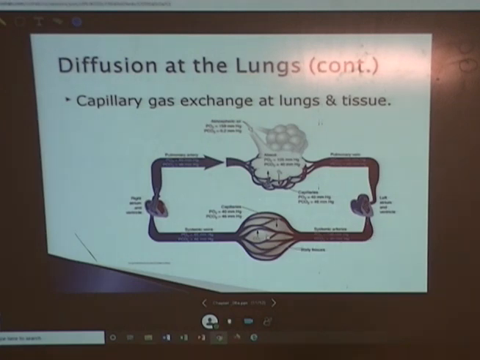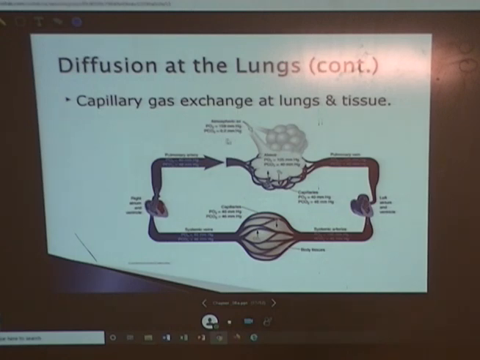It picks up carbon dioxide. Right? And then that carbon dioxide gets to the lungs, and the pressure in the capillaries is about 46, but the pressure in the lungs is 40, and so carbon dioxide is able to cross out. It's not a very steep gradient, but it's enough of a gradient for carbon dioxide to cross over and get breathed out.